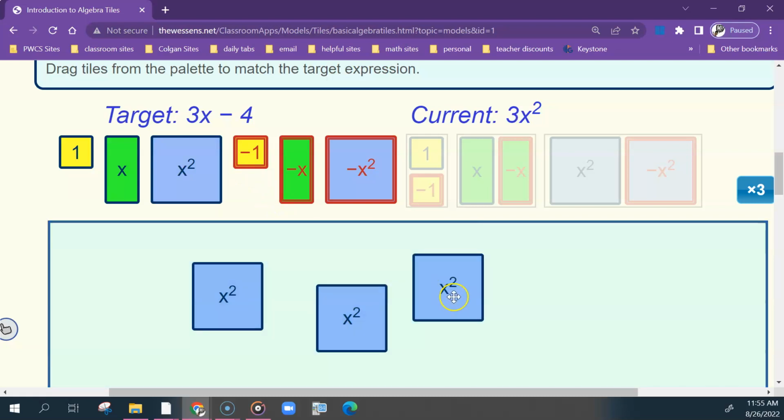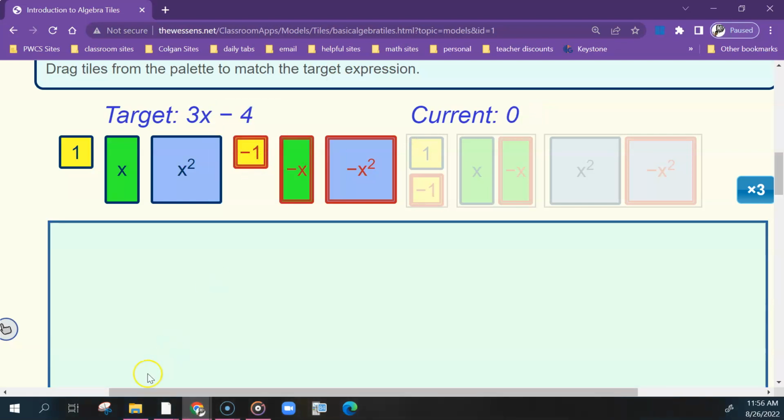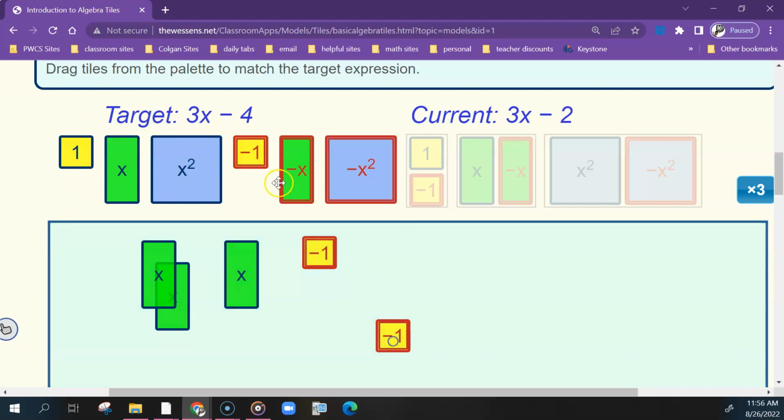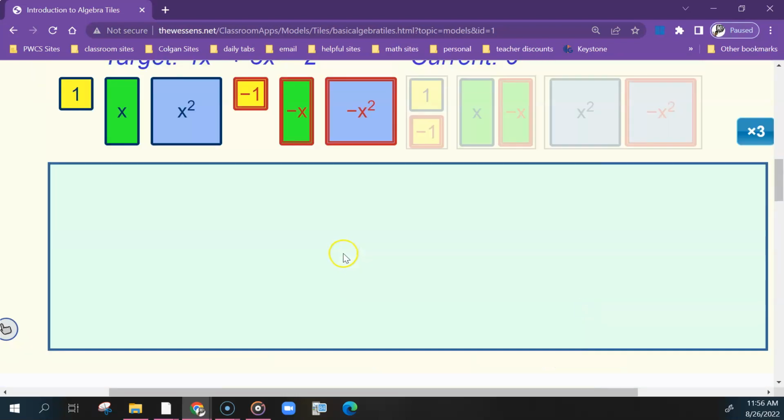Oh no, the green ones. There we go. I'm going to say, I do whatever you guys say, and then we check it out afterwards. I keep losing my mouse. Right, Lily? And then 4 of the negative ones. The negative ones. 2, 3, 4. Good. Right.